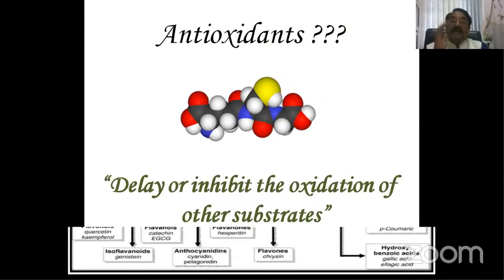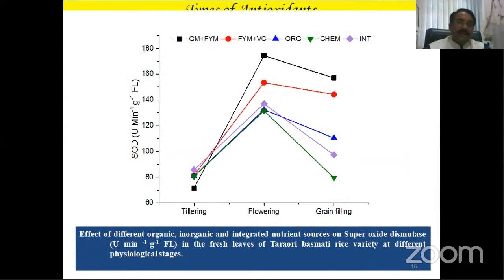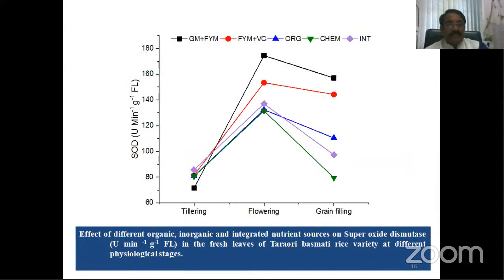Then the antioxidants: superoxide dismutase, flavonoids, several antioxidants are there. In the organic soil, the top ones are green manure and FYM. Wherever this organic application is there, these antioxidants induce the self-defense system in the plant.